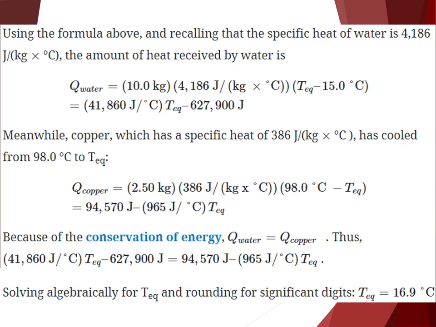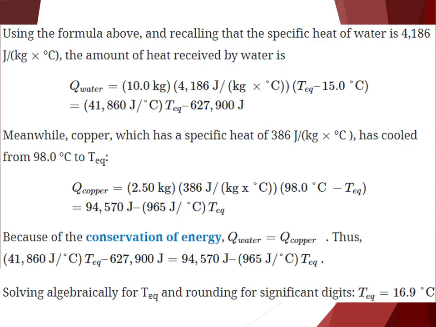So we take what we already figured out, the 41,860 joules per degree Celsius multiplied by T sub EQ minus 627,900 joules, and set that equal to 94,570 joules minus 965 joules per degree Celsius multiplied by T sub EQ.